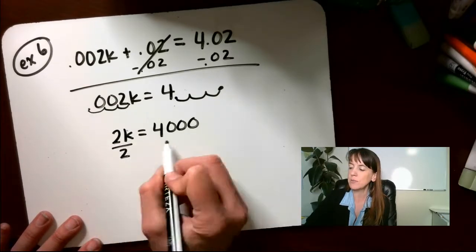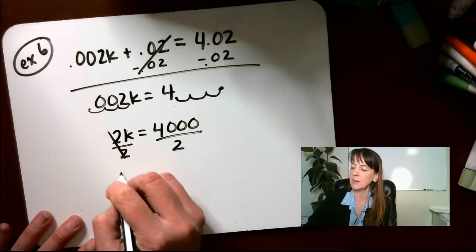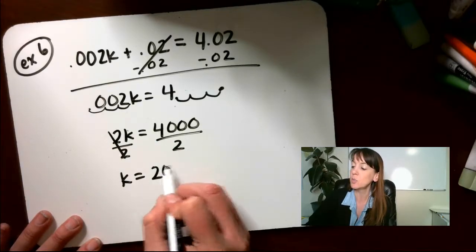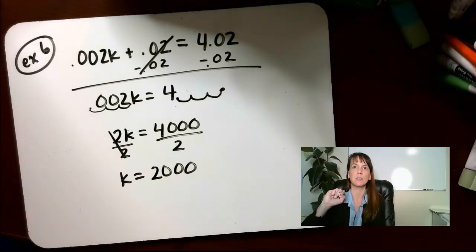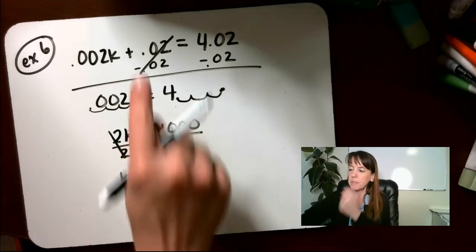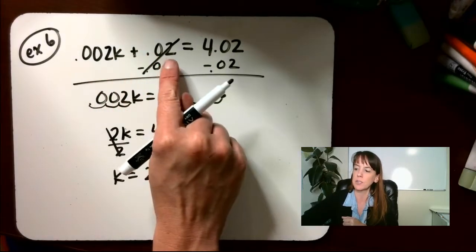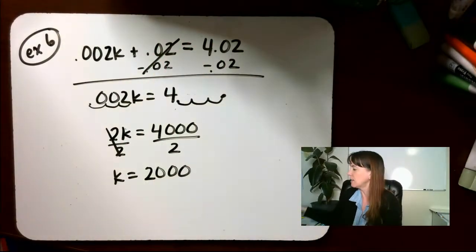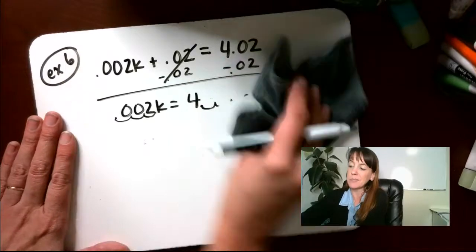Divide this by 2, divide this by 2. These cancel out, k equals 4,000 cut in half is 2,000. Now, straight up, at the beginning, you probably could have just multiplied each one of these chunks if you wanted to, but if you can identify something that's a little easier to deal with, that's a good way of dealing with it.